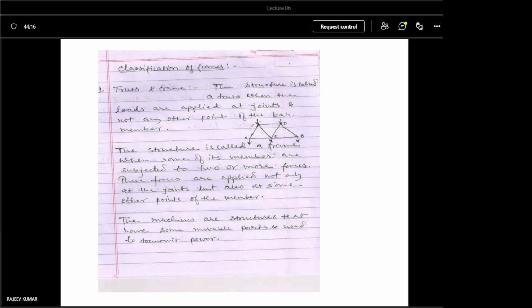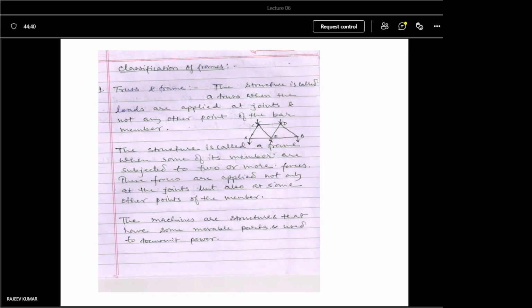Suppose the number of members is M and the number of joints is J. If M plus 3, that I will discuss later, because if I discuss it here then it will become a problem for you.